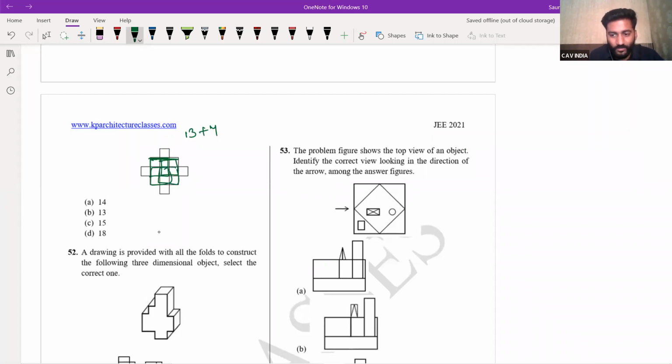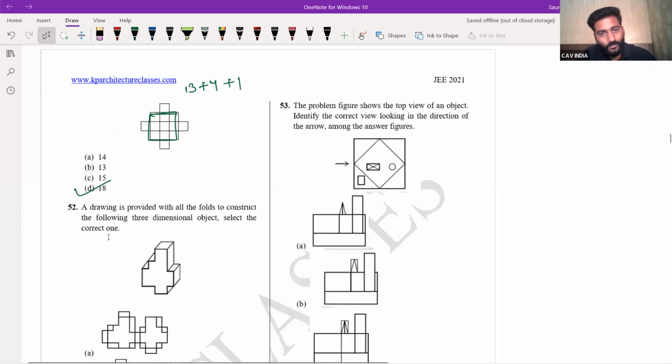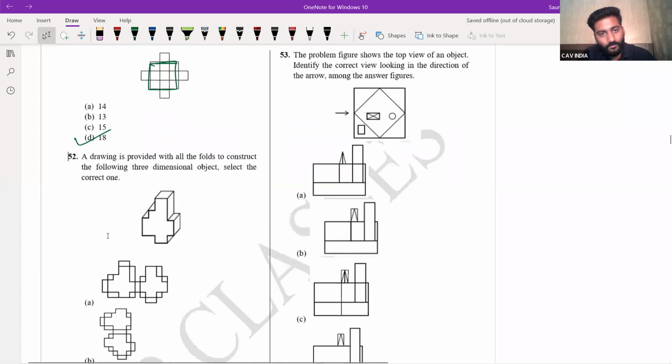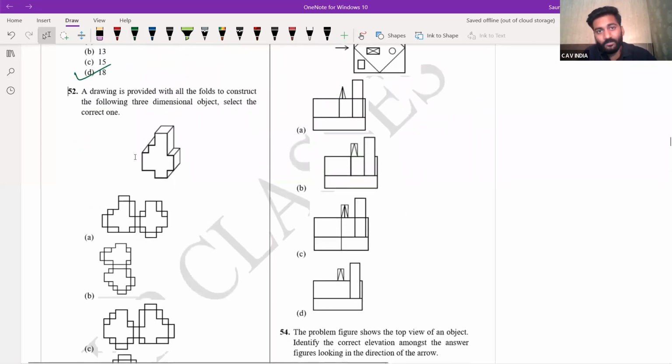So 4 such squares. After that, this bigger one is also a square, so plus 1. There would be 18 squares. Clear? So we started from the smallest square and went up to the biggest square.